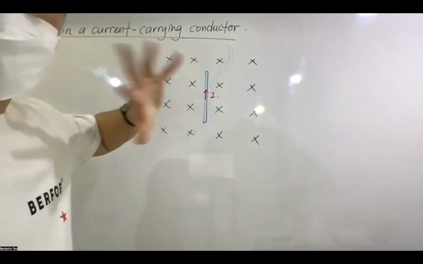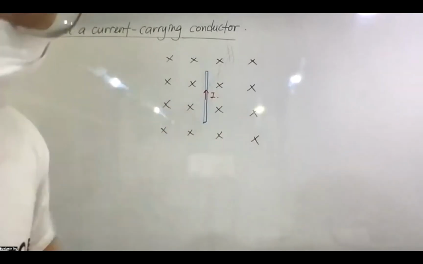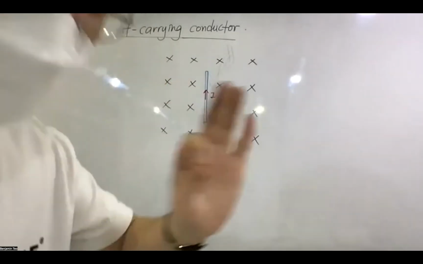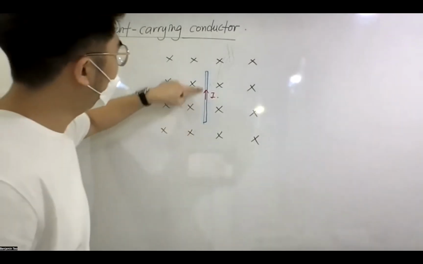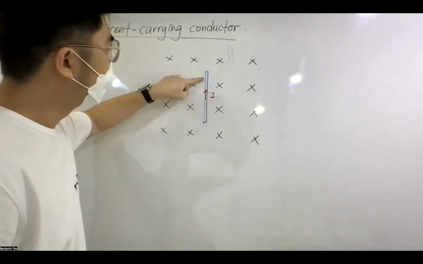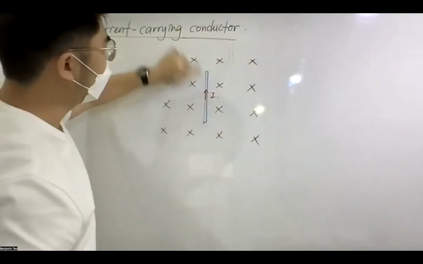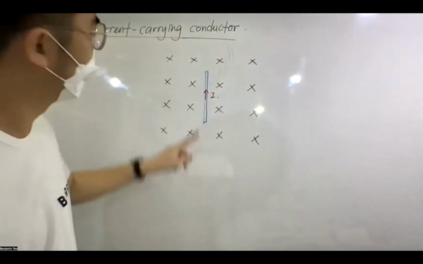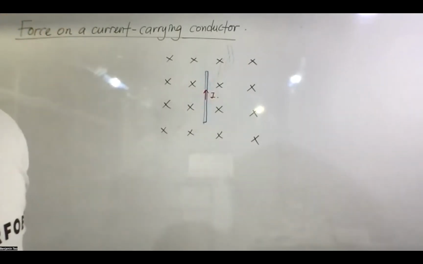Now, let's recall. Who experiences a magnetic force? A moving charge. Not a charge, it's a moving charge. A moving charge experiences a magnetic force. So if you put a wire inside a magnetic field and the current is flowing, the charge is moving. That means the charge will experience the magnetic force.